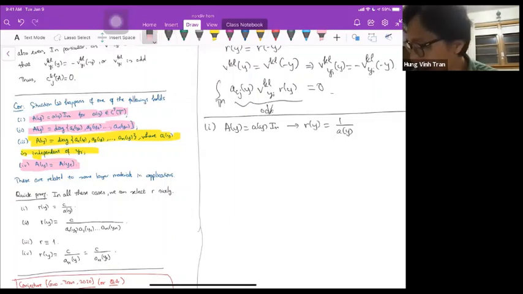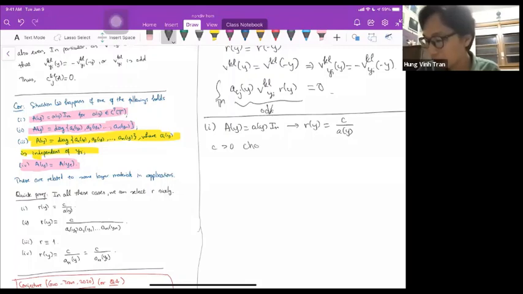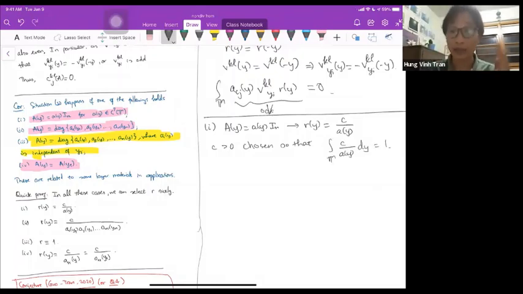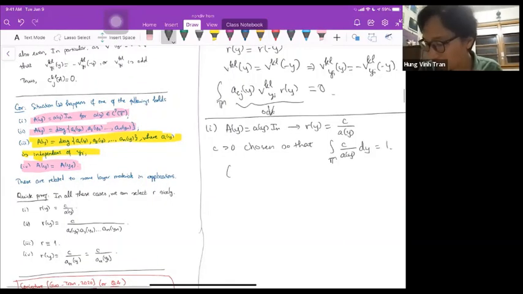Up to a constant. C greater than 0 is chosen so that the integral of C over a(y) dy equals 1, so C is a normalizing constant. The reason is obvious: you need to make the sum of A_ij R(y) y_i y_j equal to 0.